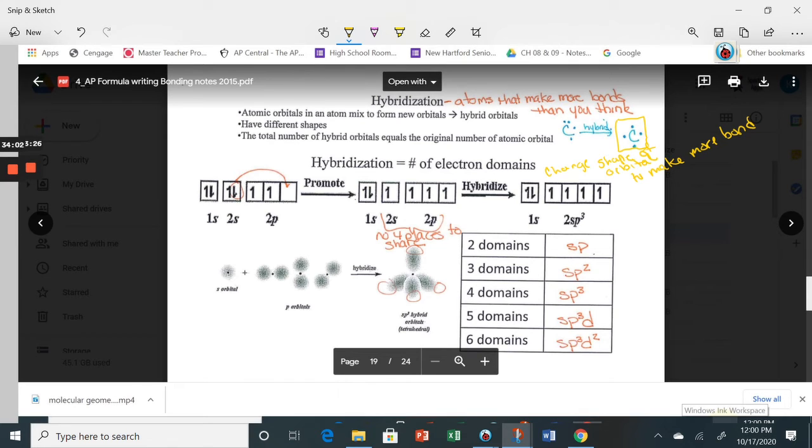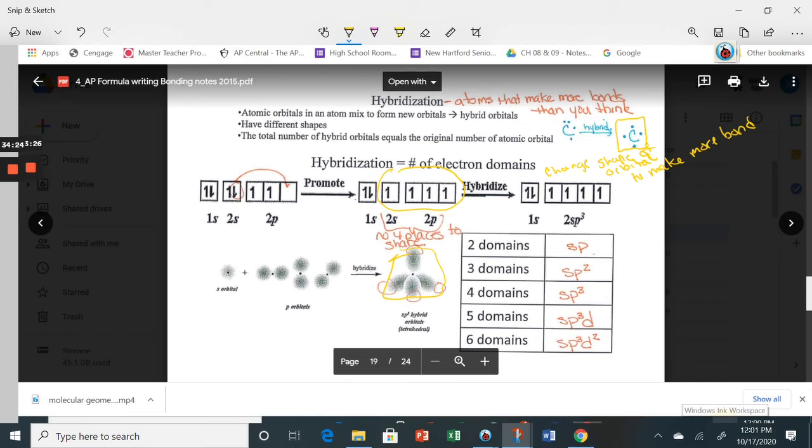It takes this second energy level and combines them so you get these new shaped orbitals. Do you need to know the shape? No. Do you need to know that it allows you to make more bonds? Yes. But you don't have to draw these orbitals ever.